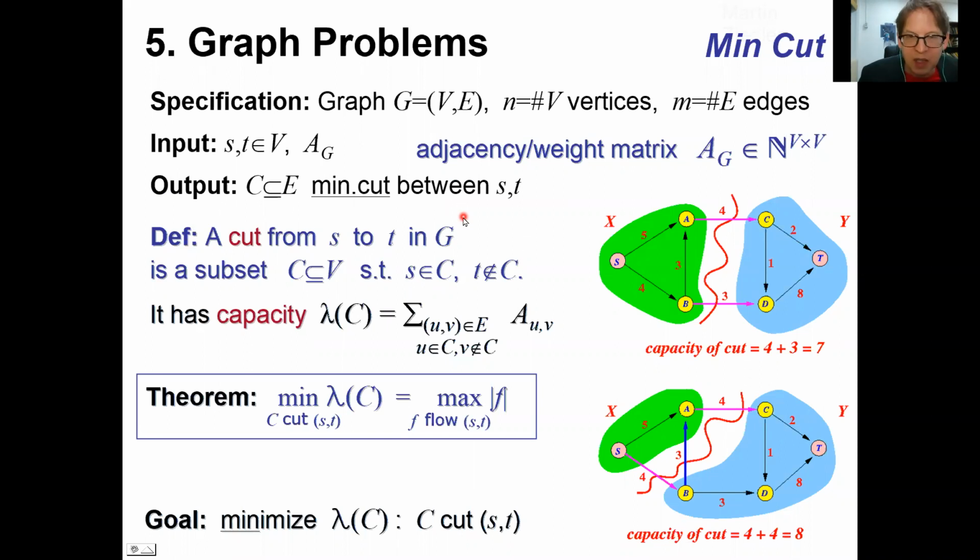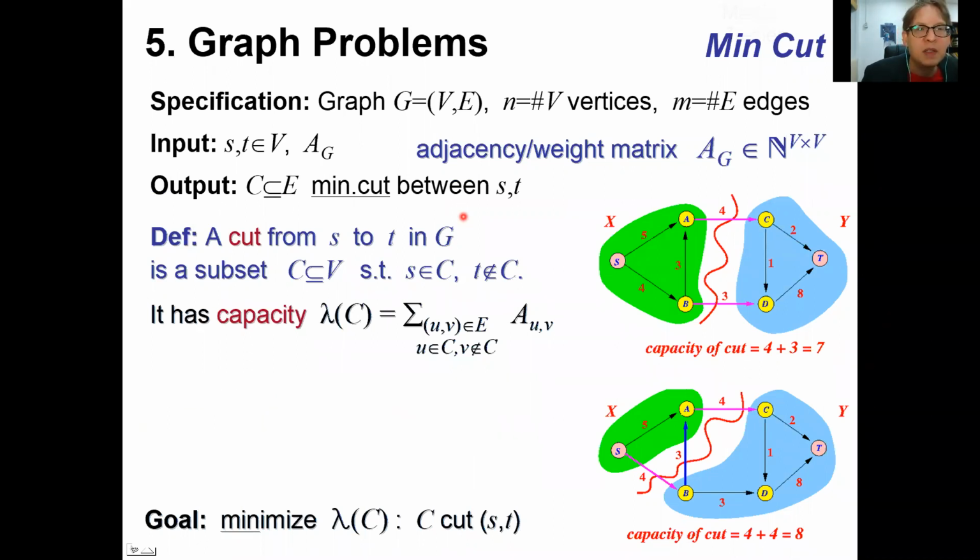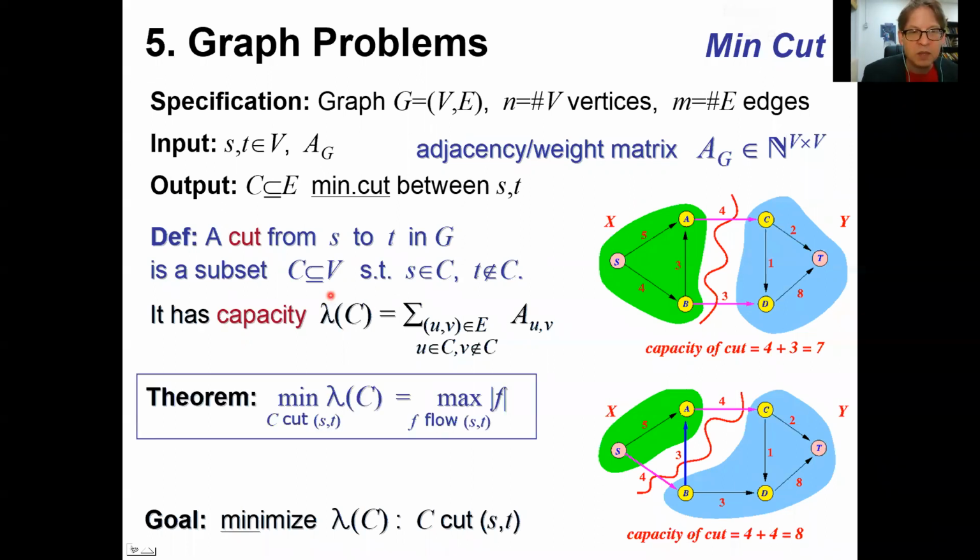And again, this algorithmic problem seems to be involved because superficially it seems to involve all possible subsets of vertices or of edges, of which there are exponentially many. But mathematics comes to the rescue because of this famous max flow min cut theorem.